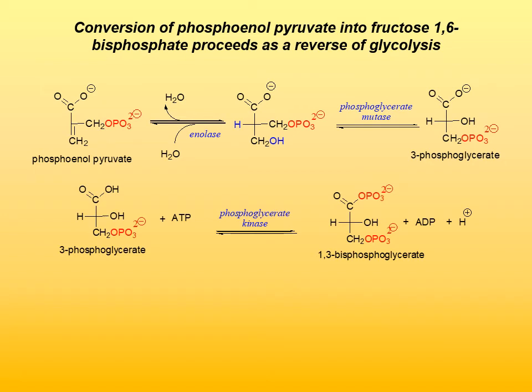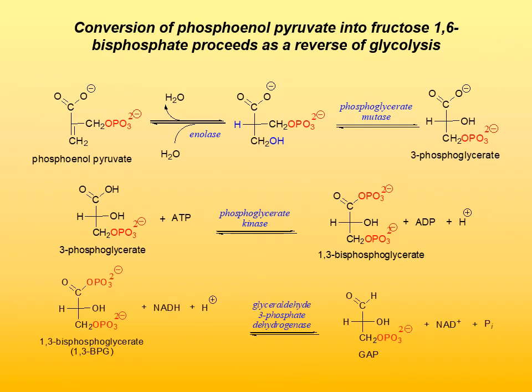In the next step, 3-phosphoglycerate, through action of the corresponding kinase, is converted into 1,3-bisphosphoglycerate, and that requires 1 molecule of ATP for phosphorylation. And then in the third step, 1,3-bisphosphoglycerate is reduced to GAP, or glyceraldehyde 3-phosphate.